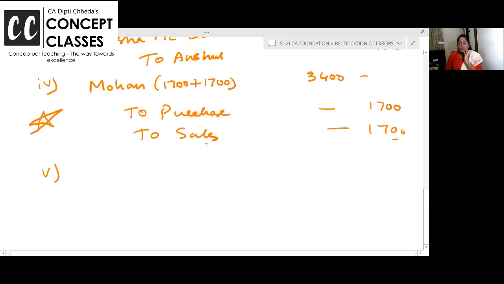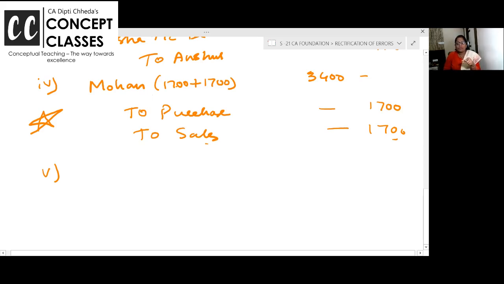Credit sale of old machinery to Sohan, 1700, was entered in the sale book. See, when you sell goods on credit, then only you record it in the subsidiary book.